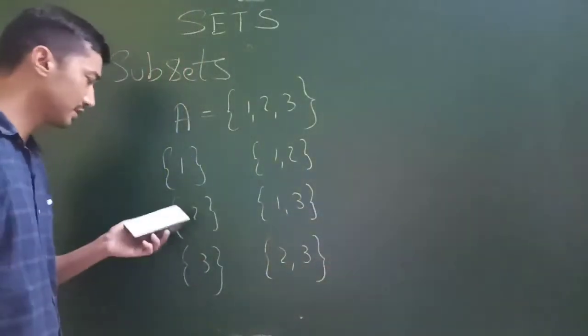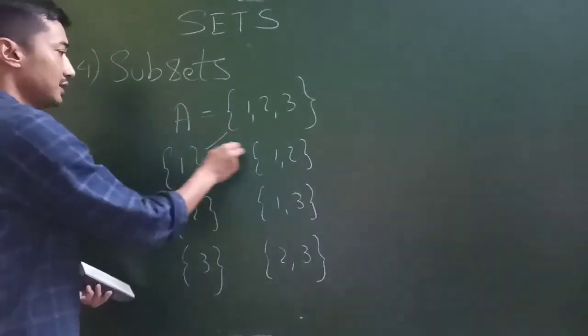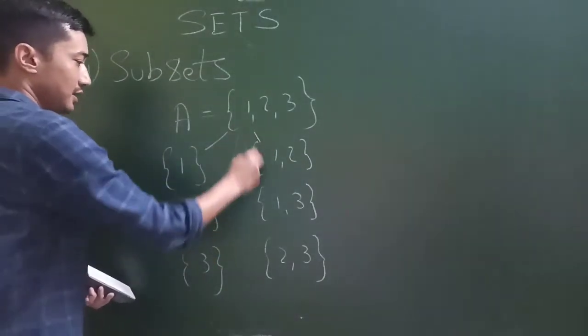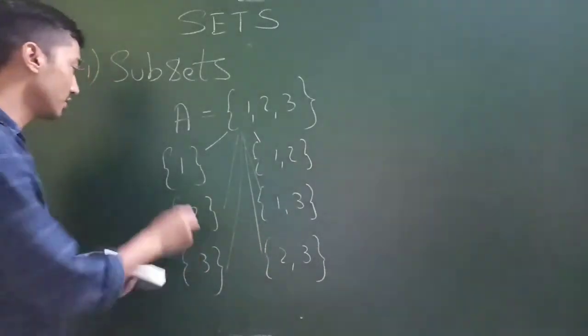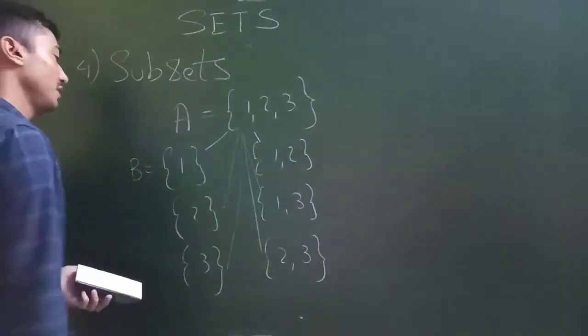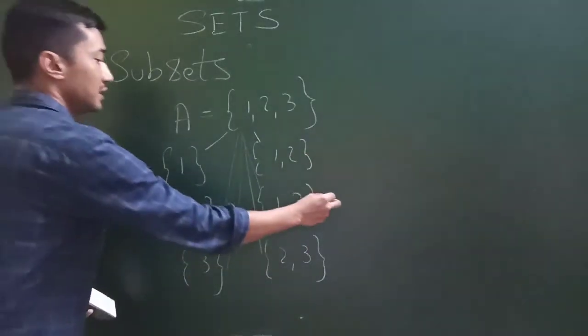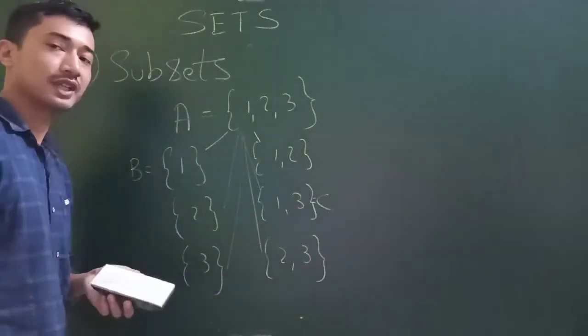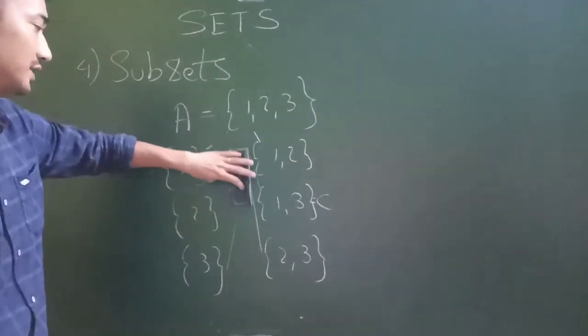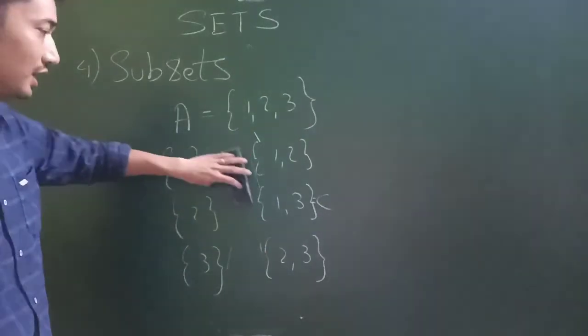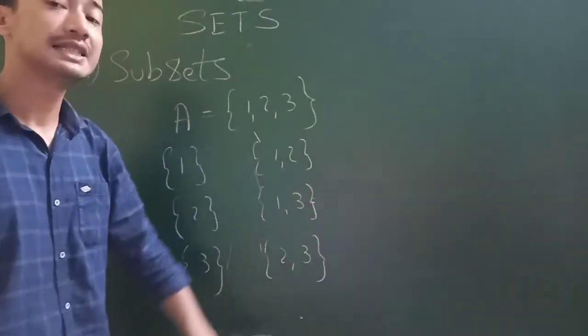Subsets like {1, 2}. These are all subsets of this main set, isn't it? If I name this B, I'll say B is a subset of A. If this is C, then C is a subset of A. So these are all called subsets, smaller sets of a bigger given set.